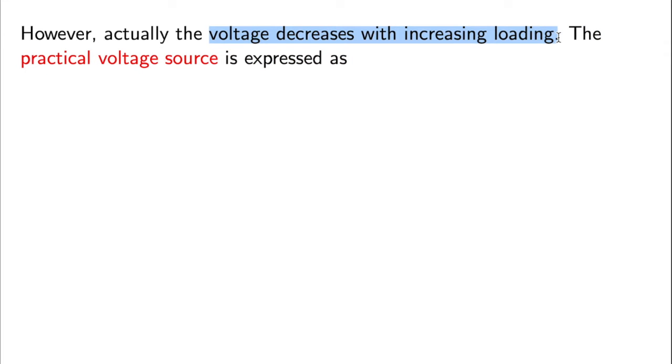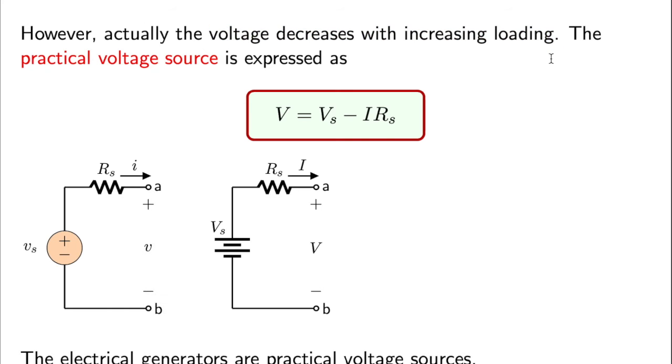This drooping characteristic is represented by the mathematical relation V equals Vs minus I Rs. As the current level is increasing, the drop across Rs increases, and that results in a decrease in the terminal voltage.